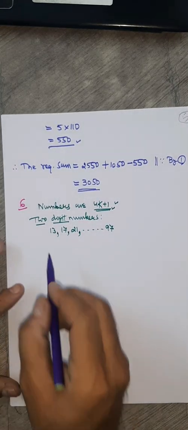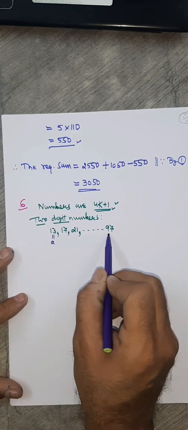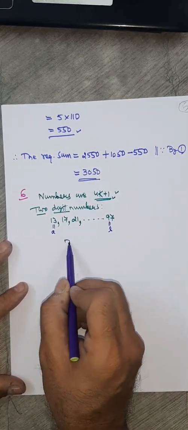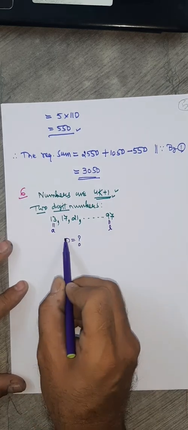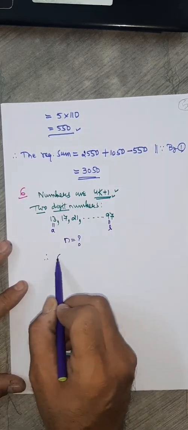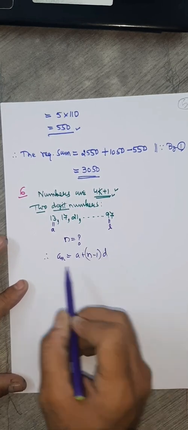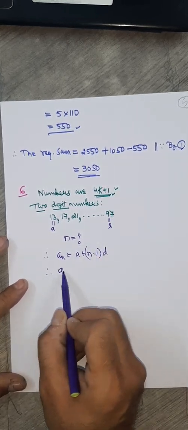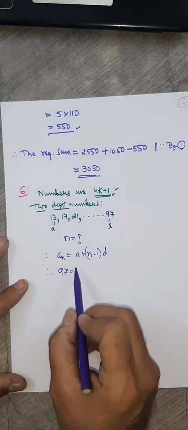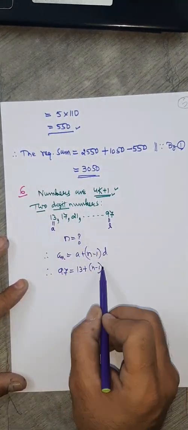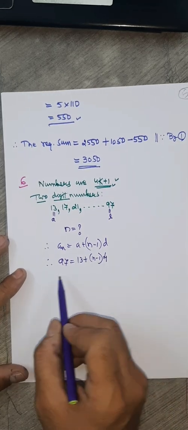It's obviously an AP where this is the first term and this is the last term, L. So you need to find what n is. What do we do for that? We start with the nth term formula, an equals A plus n minus 1 into D. What is an? 97. A is 13, plus n minus 1 into d. What's d? Obviously it is 4.